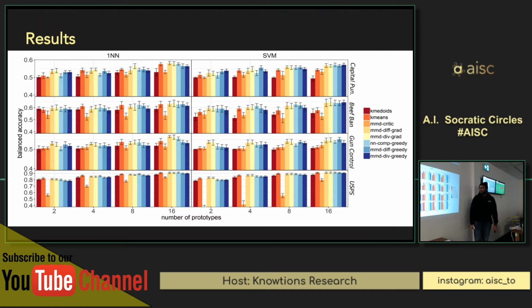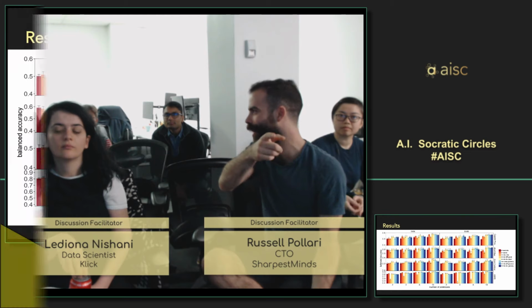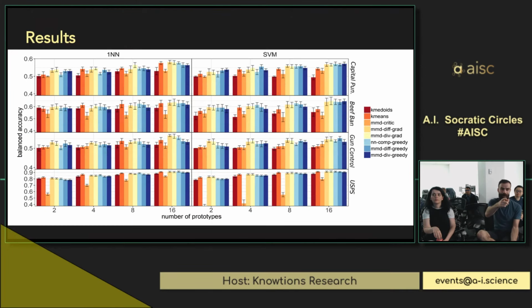See in the bottom one for USPS, yeah. MMD critic does really bad. Yeah. And so I didn't look at the MMD critic paper, but they mentioned in this one that it doesn't guarantee a set number of prototypes for each class, and so it's possible that it just doesn't have. Do you mind repeating the point? The point was MMD critic on the USPS data set, at least for the SVM classifier here, does significantly worse than the rest.